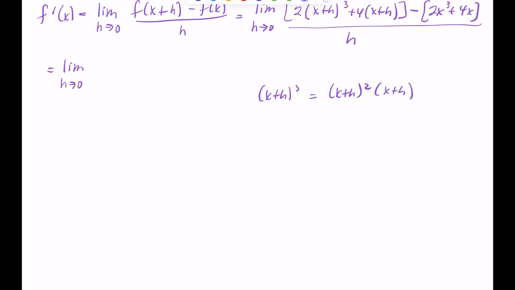And we know x plus h squared is x squared plus 2xh plus h squared. So then we just need to FOIL this, right? So we would multiply those two terms, and then those two terms, and then those two terms. So that's how I'm going to come up with this next expression here.